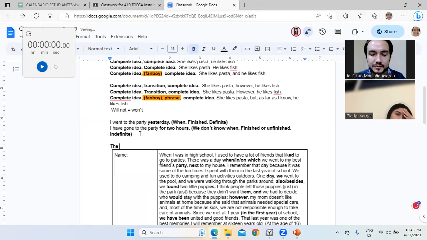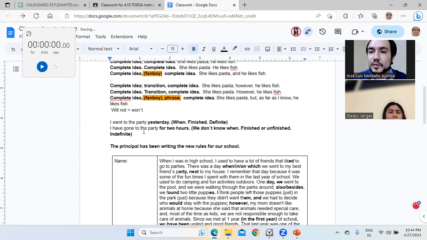For example, this is the idea, right? The principal has been writing. So let's write down below, please, Gladys, over there, your response, okay? The passive voice, what do you believe it is? And again, we have to pay attention to mainly the tense that we have.